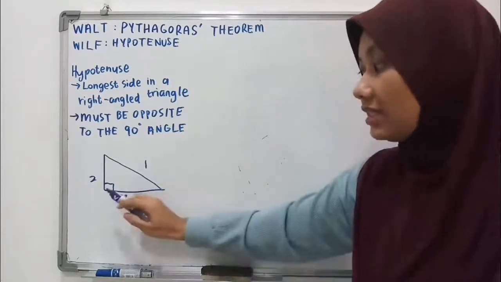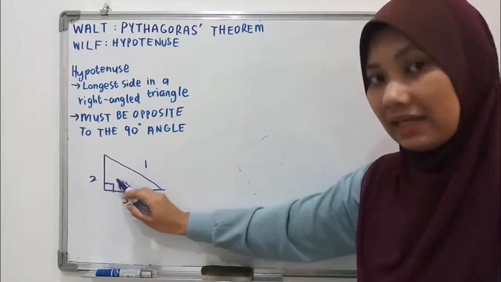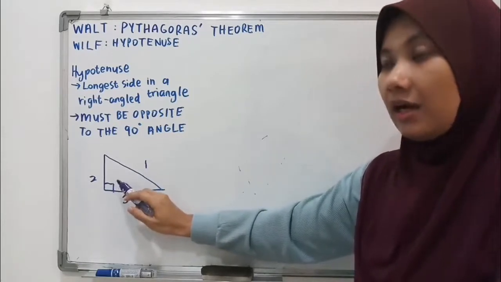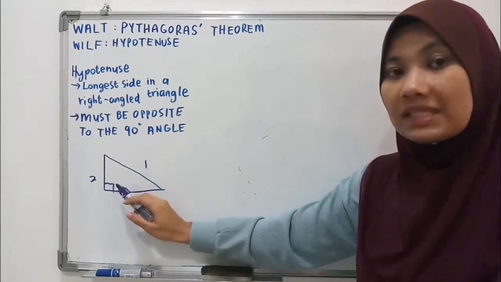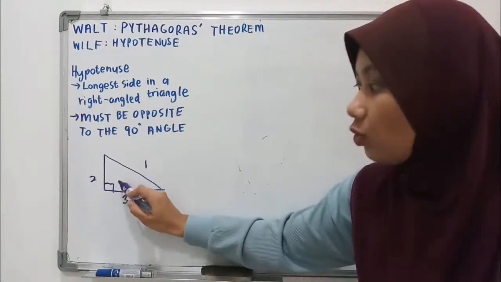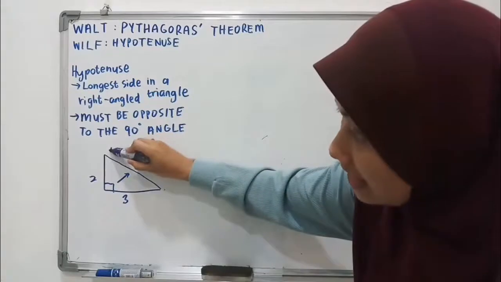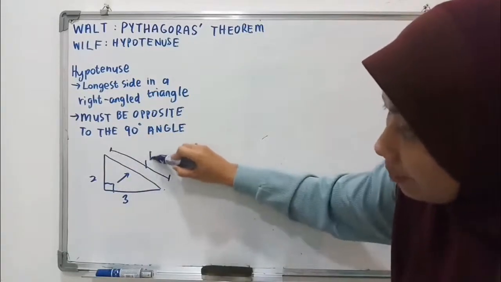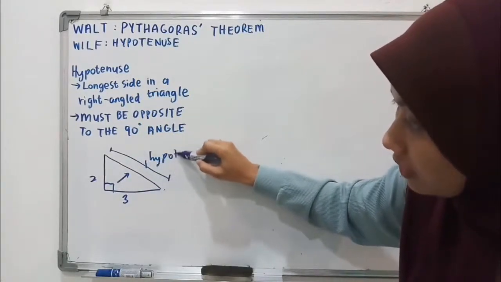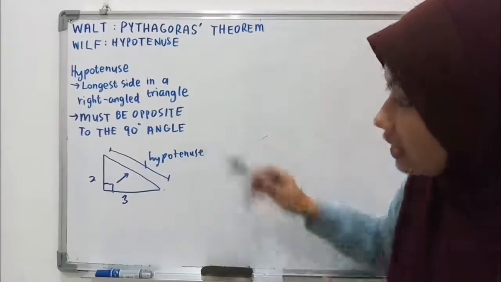This is the 90 degree angle. Hypotenuse must be opposite to the 90 degree angle. So this is what we call the hypotenuse. That's how we spell it.